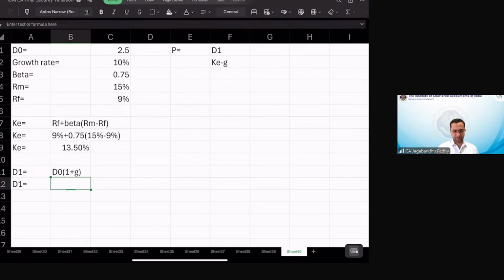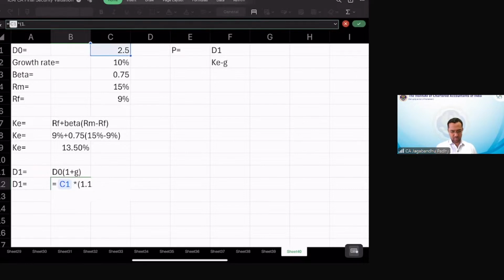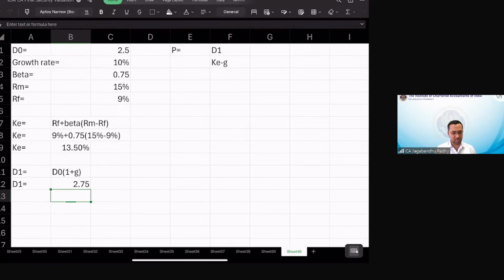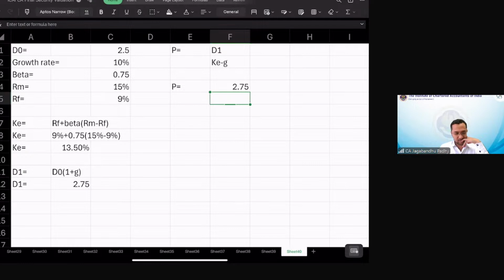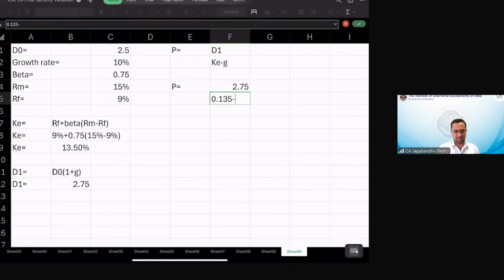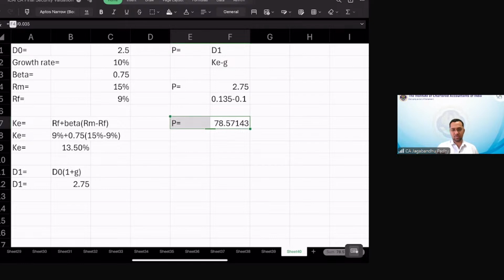So D1 is 2.5 multiplied by 1.1, which is 2.75. Now we know KE, D1 and growth, so the intrinsic value is 2.75 divided by 13.5% minus 10%, which is 2.75 divided by 0.035. So the intrinsic value is 78.57.